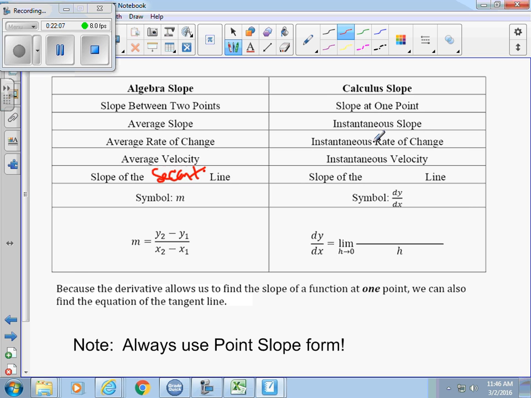Calculus took us to where we could find the instantaneous slope, or the slope at a point, or the instantaneous rate of change, or the instantaneous velocity, or the slope of the tangent line. And we learned that that was a derivative, which involves a limit, and that's why it's calculus and not algebra.